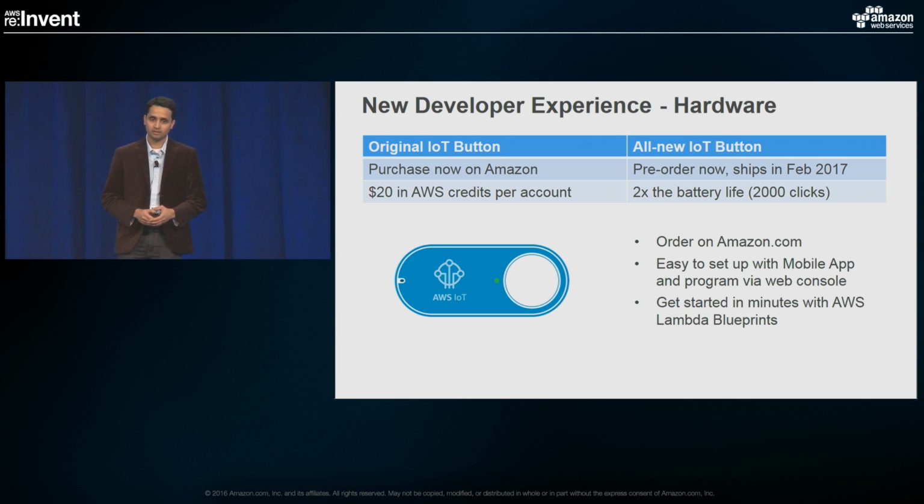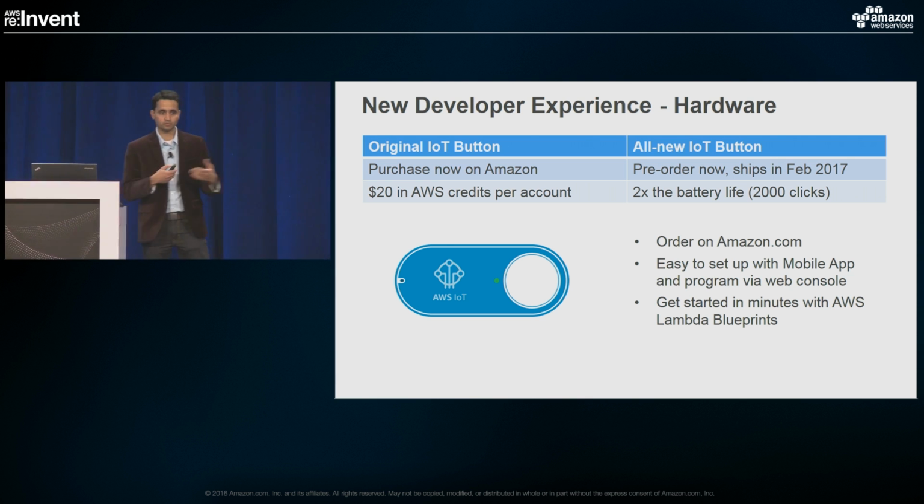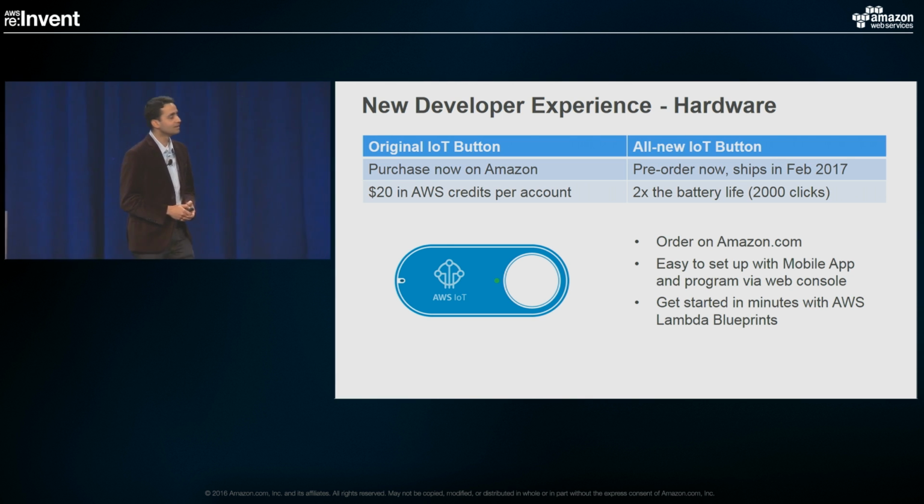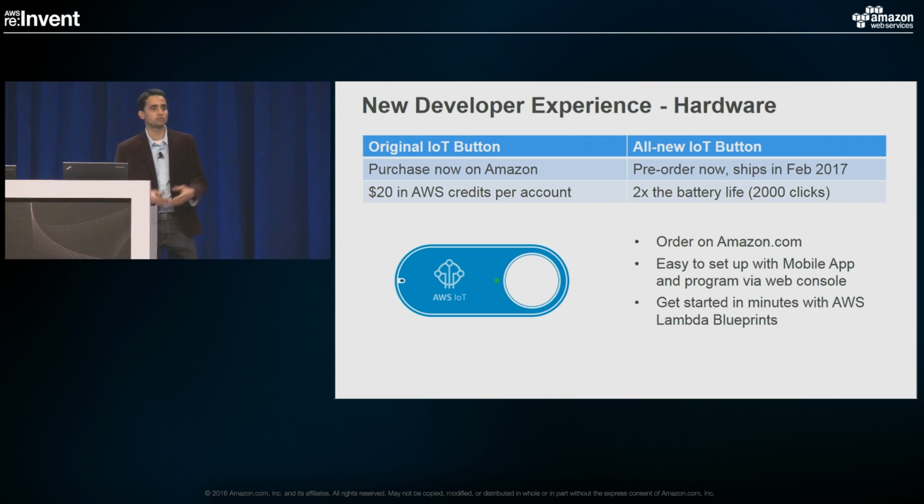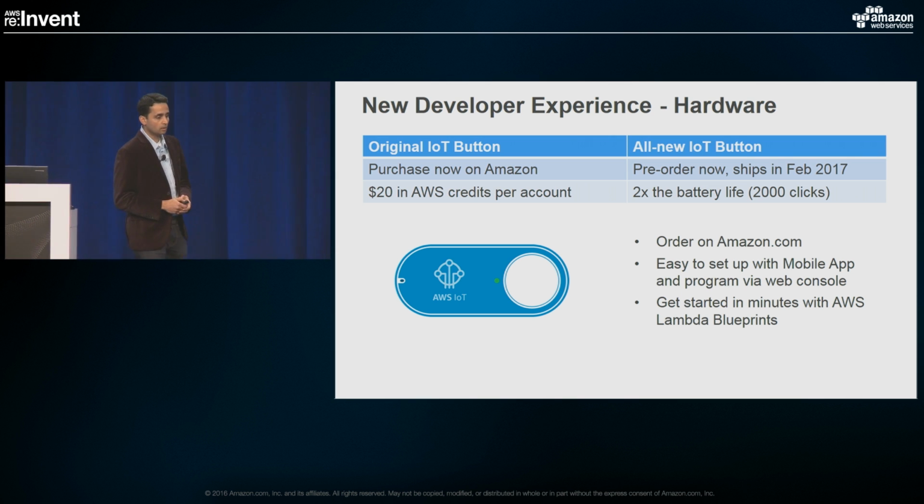And it's available for pre-order. We'll be shipping those to you in February. You can also order the existing button if you want to satisfy your curiosity immediately. We'll give you a $20 AWS credit as well that you can use in your account in your next billing cycle, so you can take advantage of the different AWS services using that.